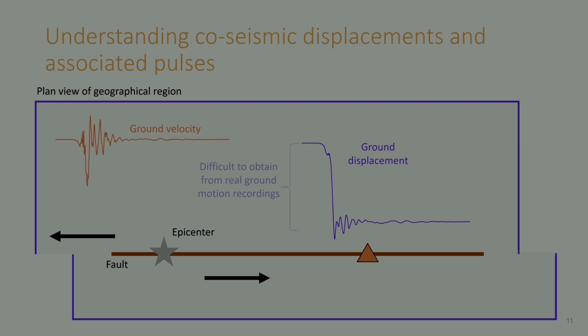It also turns out that this permanent step, as you would expect, corresponds to a big pulse in the ground velocity record. It's different than the known directivity pulse, which is a two-sided pulse. This is more of a strong one-sided pulse that corresponds to this step.